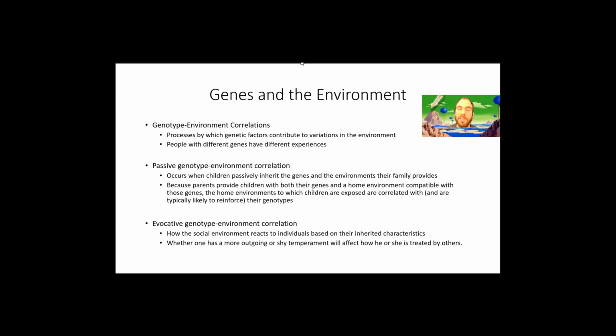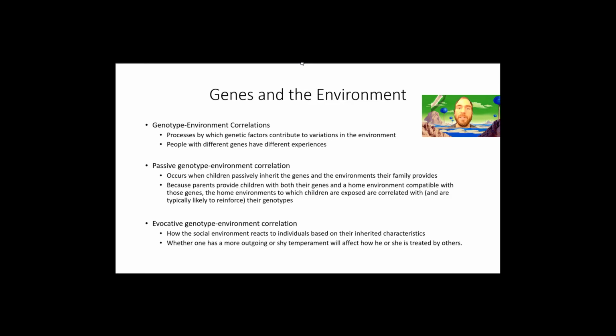So the idea here is we know that children inherit 50% of their genes from their father and 50% of their genes from their mother. But those people don't just disappear from their life. They are bringing the child home, and especially in the early years of life, the child lives in a home environment created by those exact same parents that gave them those genes.